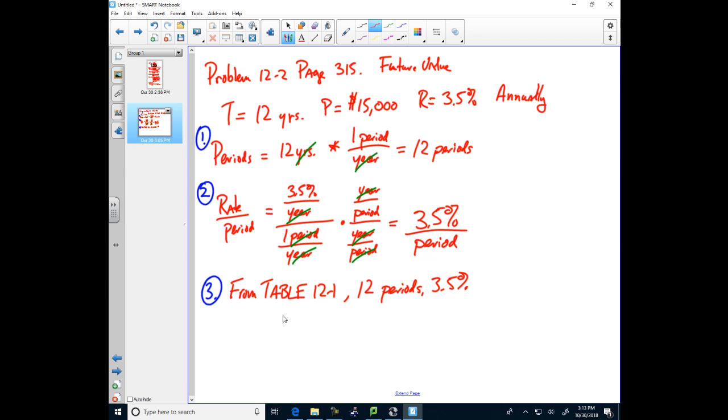Is 3.5 in there? Table factor equals. So go to 12.1, and hopefully 3.5% is in there. If not, we're going to have to go to our other book right away. Why would they ask a question and not have the answer in there? How many people got this other book?